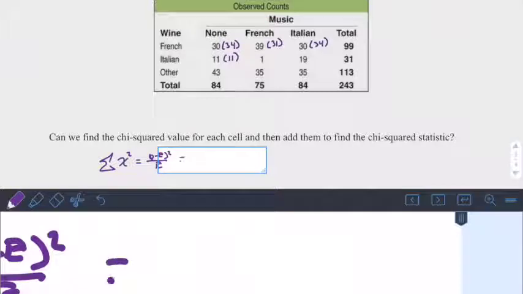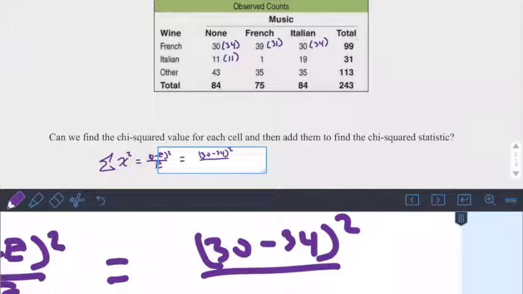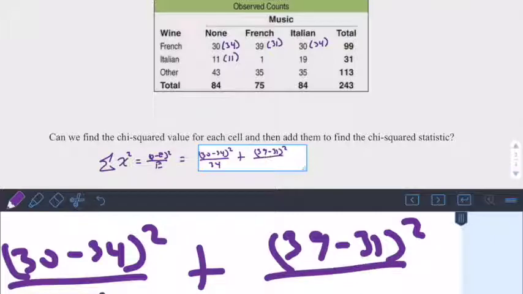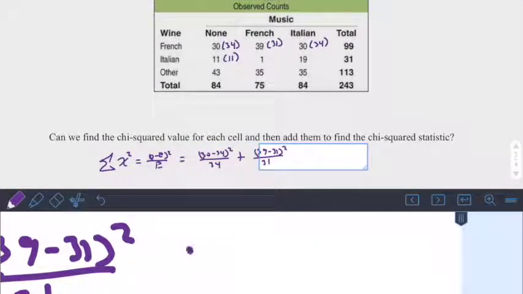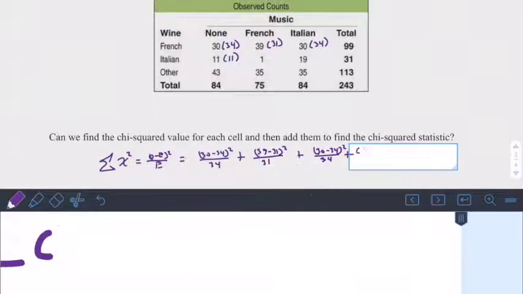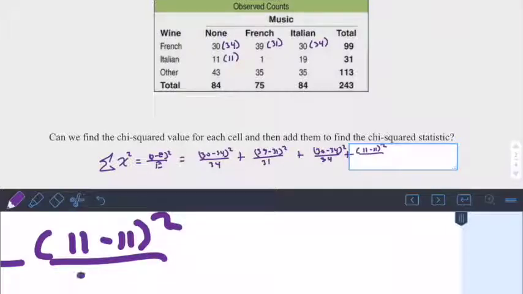So we could do 30 minus 34 squared over 34 plus 39 minus 31 squared over 31 plus 30 minus 34 squared over 34 plus 11 minus 11 squared over 11, and that would just be 0, right?